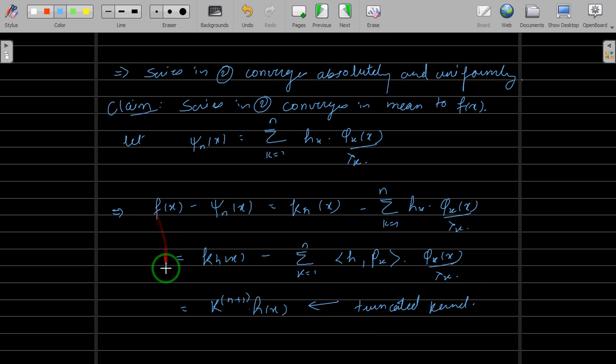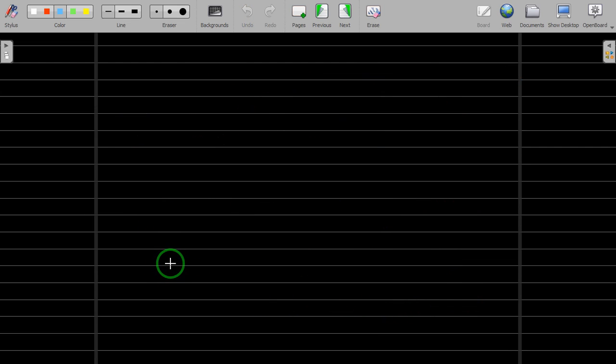Right? And so if you take the norm, which we have studied already in functional analysis, the norm of f_x minus psi_n, the whole square, will be equal to the norm of k, this truncated kernel, plus h, the whole square.